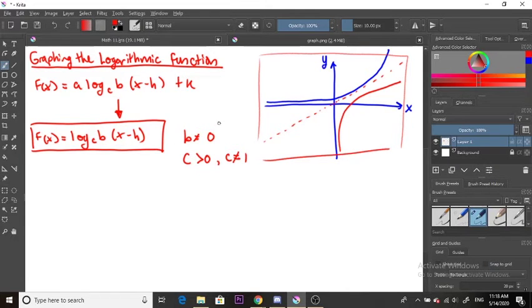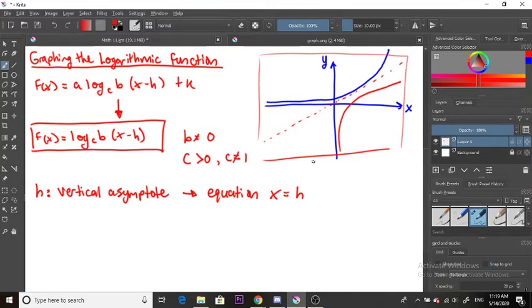So the h value actually relates directly to the vertical asymptote. And the equation for the asymptote is x is equal to h.